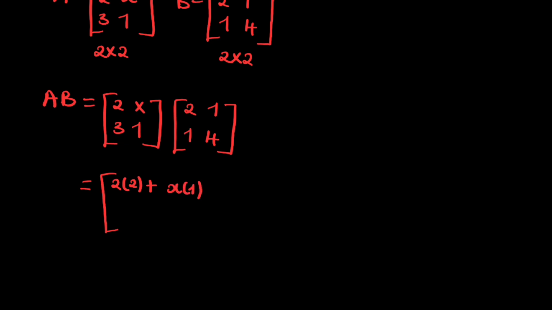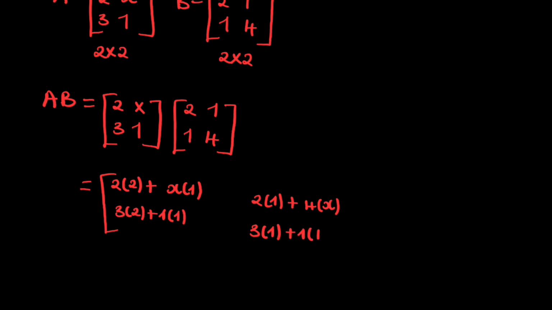For the second element, we have 2 times 1 plus 4 times x. Now we have 3 times 2 plus 1 times 1 for the next number, and we have 3 times 1 plus 1 times 4 for the last number.